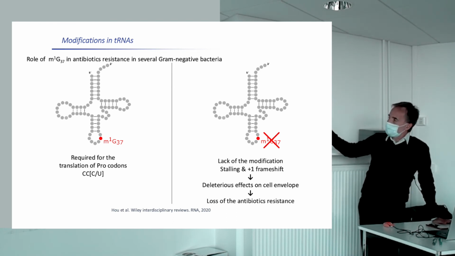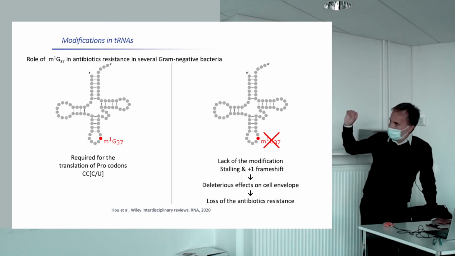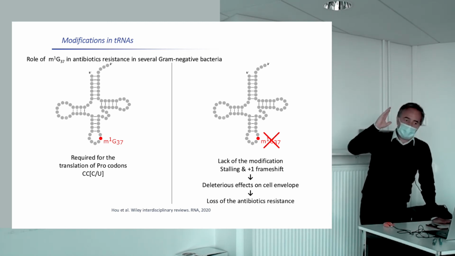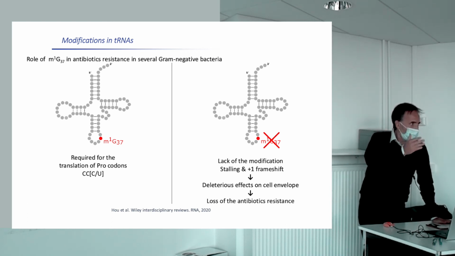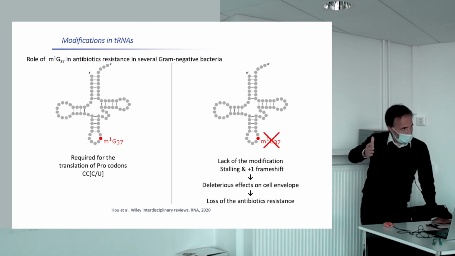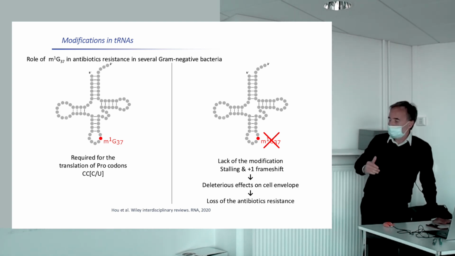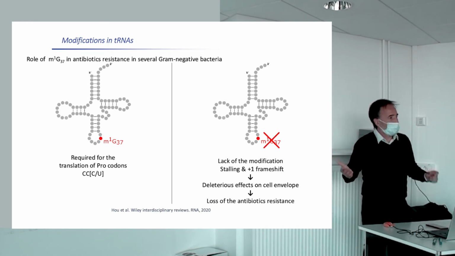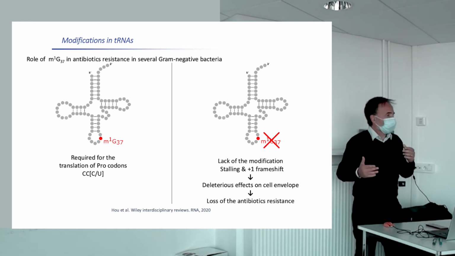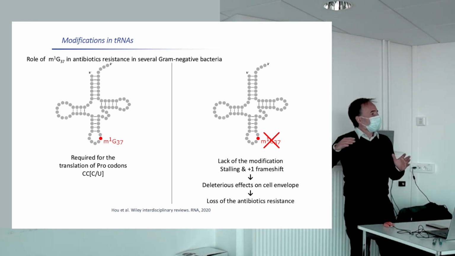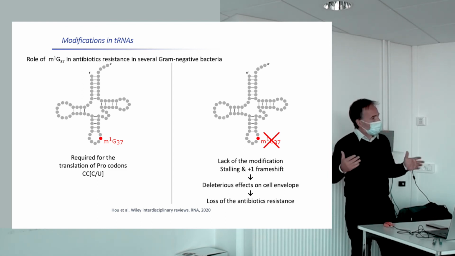So if you remove the enzyme, you no longer have this methylation, and the effect is that for those proteins with a lot of proline, CCU and CCC codons, the ribosome stops there, and a +1 frameshift is created. So basically, at the end, you no longer have these proteins formed. So you no longer have the ability to pump the antibiotic out of the cells.